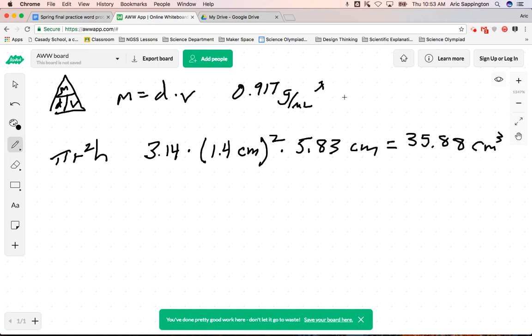So that's our volume, so now we're ready to plug that back into our initial equation. And you can see that milliliters and centimeters cubed are the same thing, so they cancel. We're left in grams, and so now we've found the mass in grams.